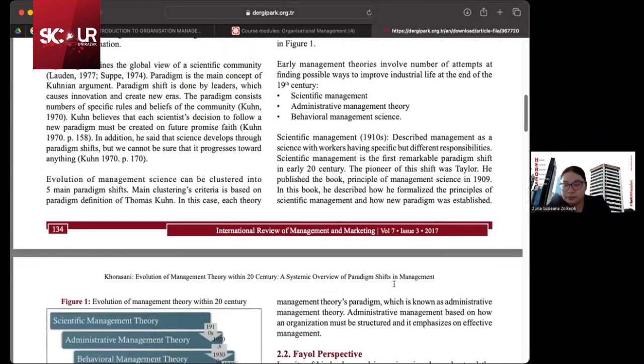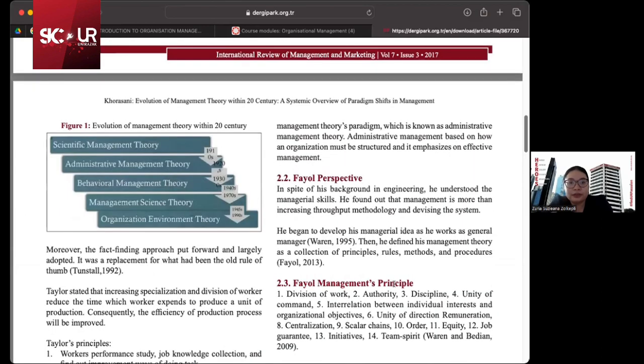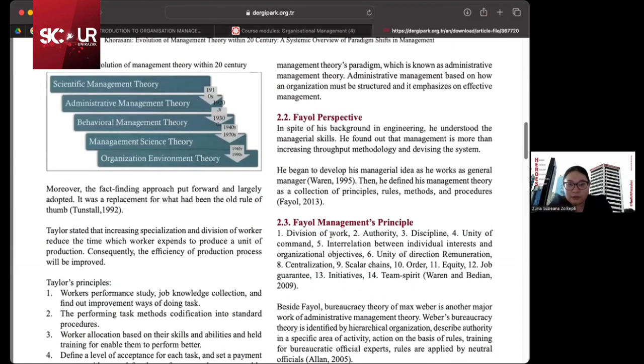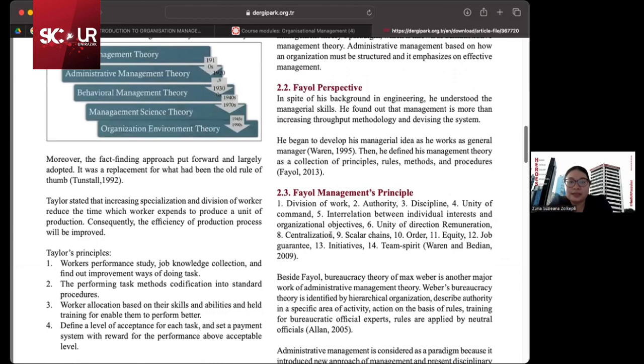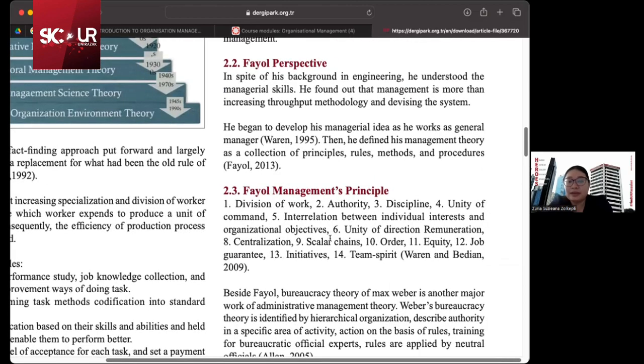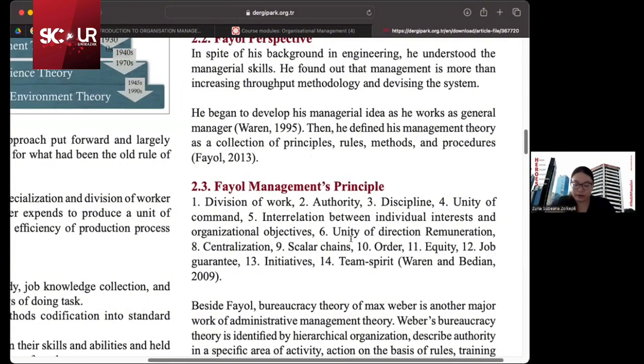For example, we have Fayol's management principles, as you can see here. I summarize. For Henry Fayol, he defined management as when you try to forecast or plan, organize, combine, and then coordinate and control business activities.